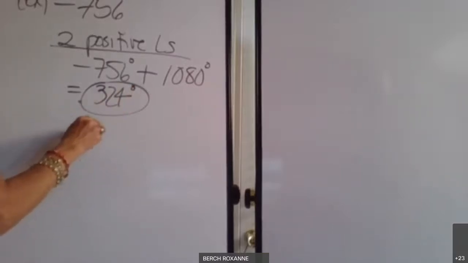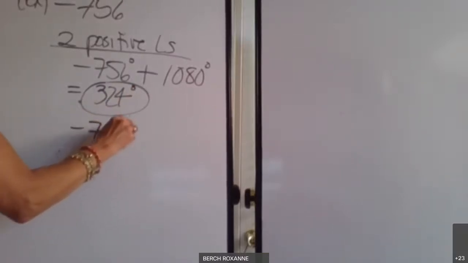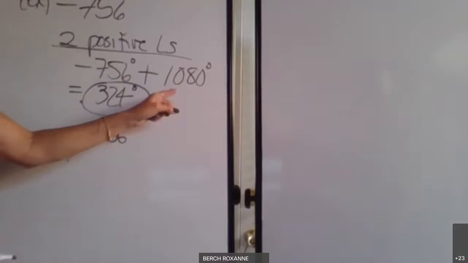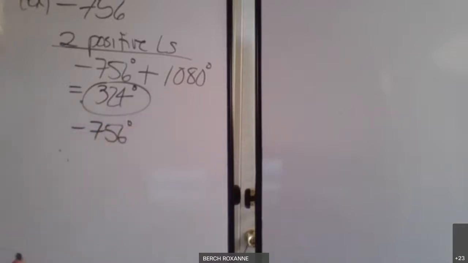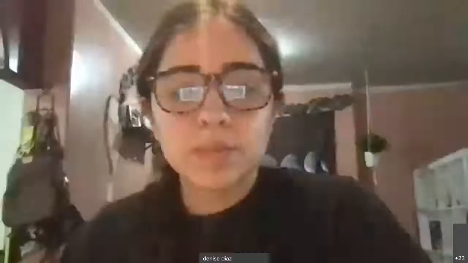What would be another one? You'd have to add another 360 to this, right? Yes. So do you guys get what I'm saying? We just would keep quadrupling it or doubling it and so on.